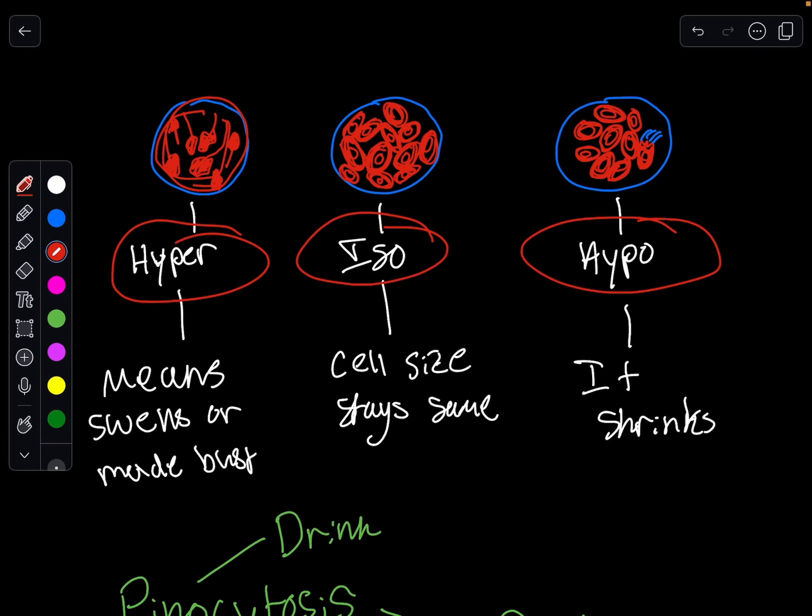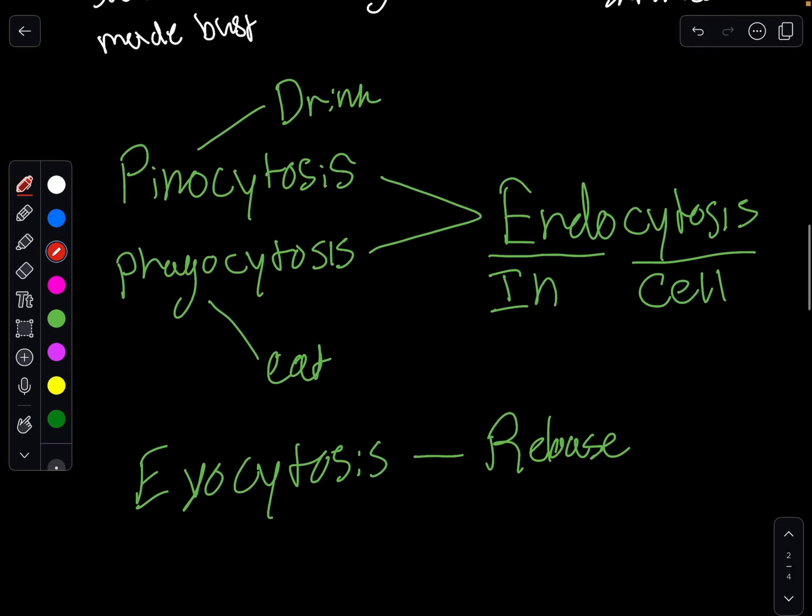And then we have the cell size right here where all of them look just the same, which is isotonic. And then we have hypo, which is hypotonic, where they soon shrink and then just give out. And then we have endocytosis and exocytosis.